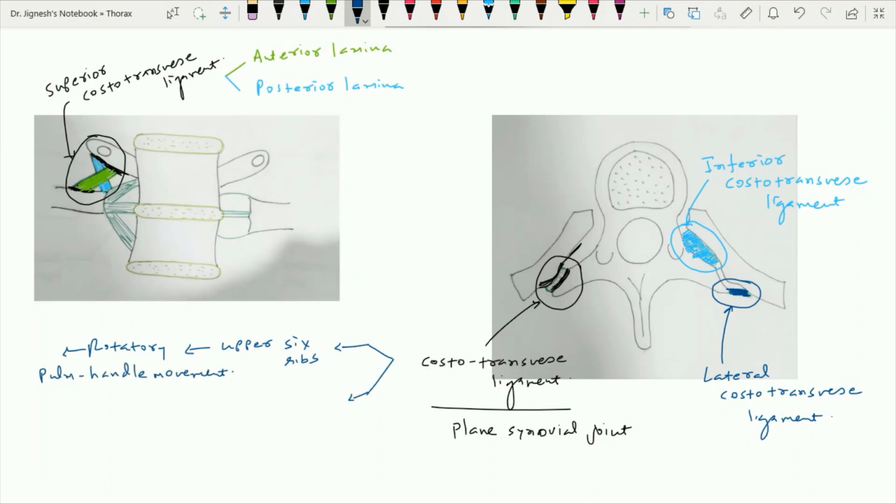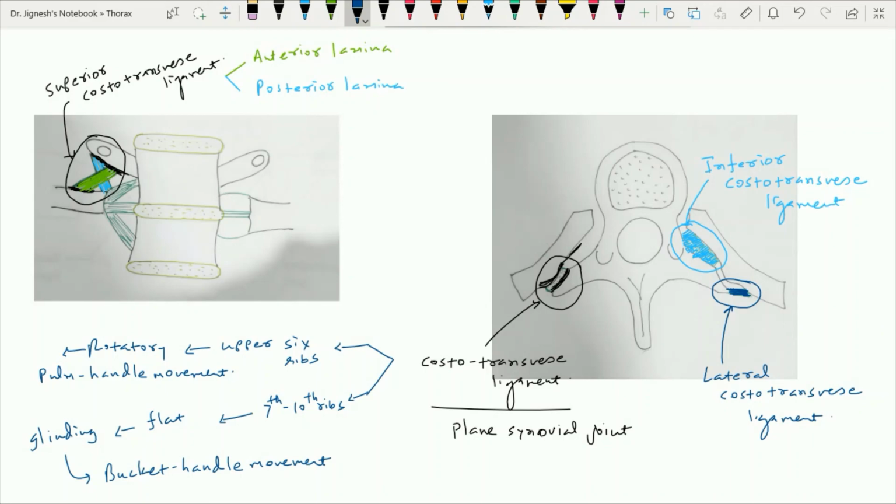While in the 7th to 10th ribs, this articular facet on the ribs for the costotransverse joint is flat in nature and is responsible for the gliding movement, and this gliding movement is responsible for the bucket handle movement, which increases the transverse diameter of the thoracic cavity.